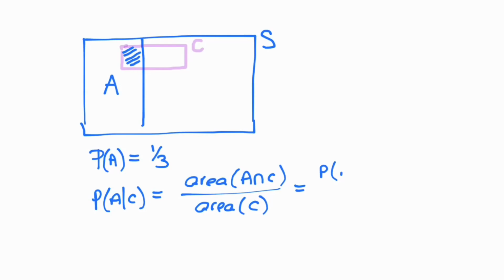And that is the probability of A and C over the probability of C. And the way I've drawn it, this is roughly 1/3. So this is an example where A and C are independent. If you know that C has occurred and it's in the purple box, the probability that A occurs is still 1/3. That's all for now.